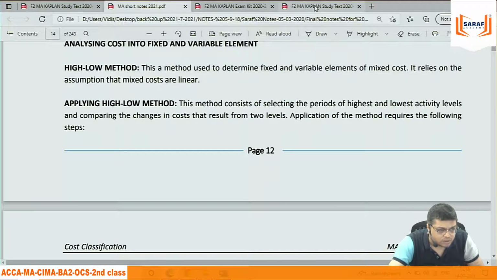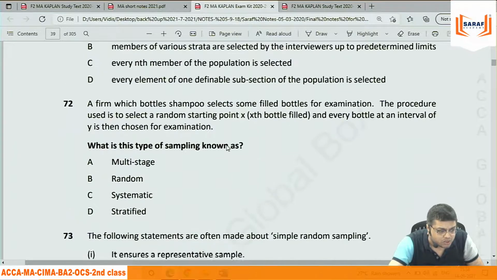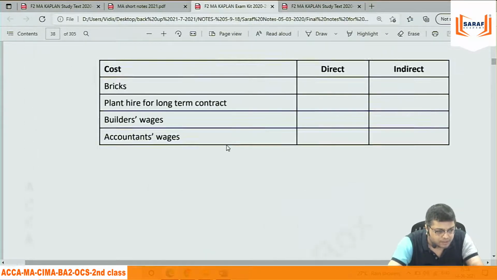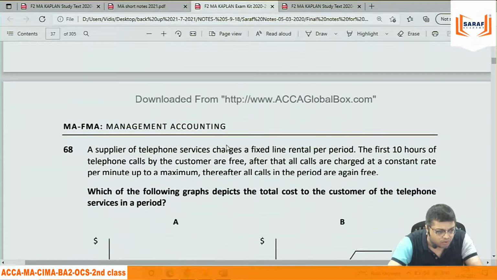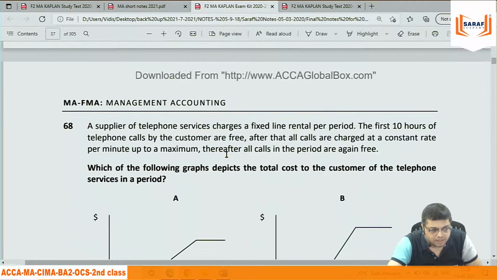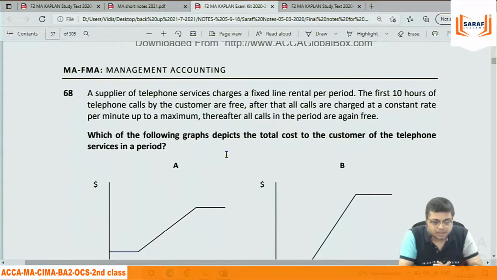Now suppose some questions based on graph. Some graph they have given and they are asking you which graph is for what. These are tricky, not easy. A supplier of telephone services charges a fixed line rental per period. Period means say a month. For every month the telephone charges are fixed.